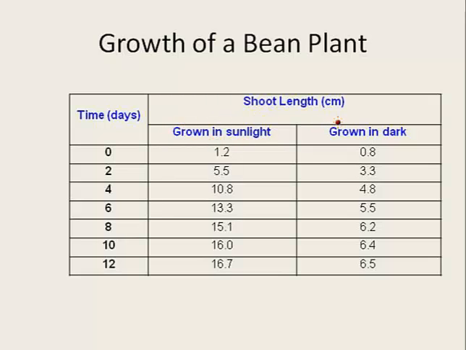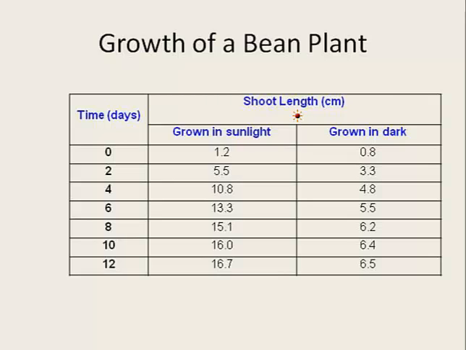And some plants were grown in the dark. This would have been the control group. And the idea would have been to find out whether growing in sunlight increases the length of the shoot. In other words, do plants grow better in sunlight than they do in the dark?